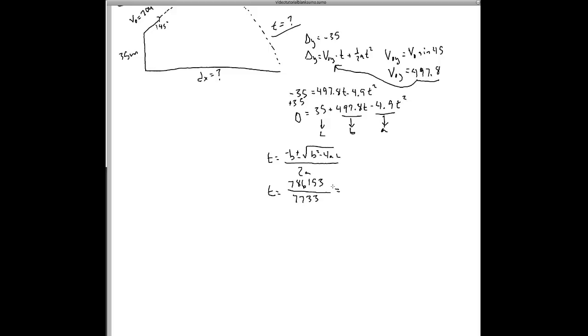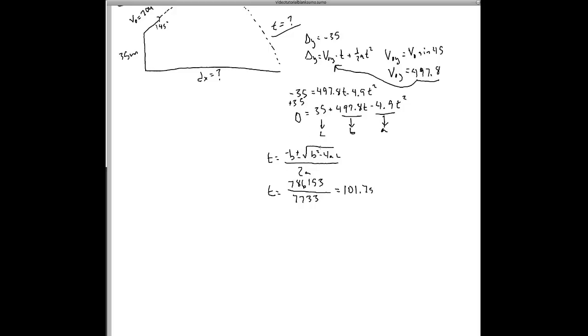So that being said, plug that number into your calculator: 786,153 divided by 7733. And that gives you a time of 101.7 seconds. So, again, you don't have to have the program to solve this, but you do have to know how to solve a quadratic equation.